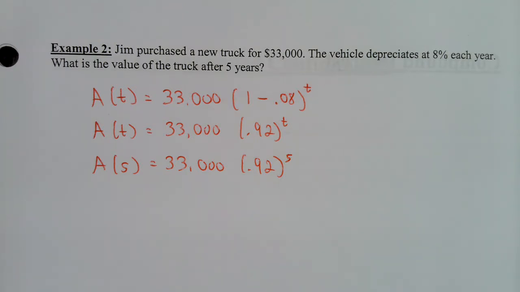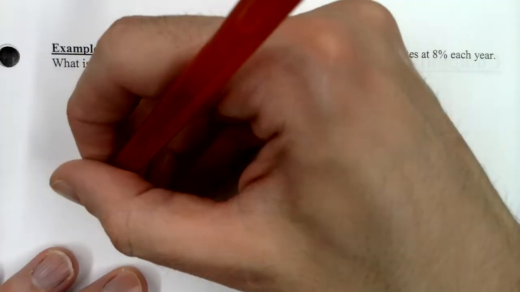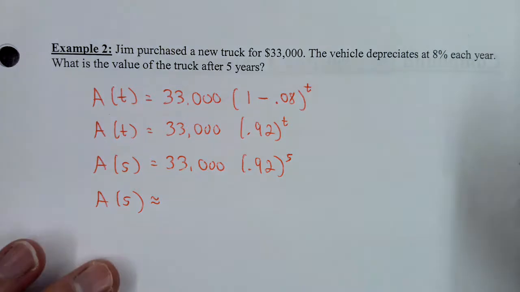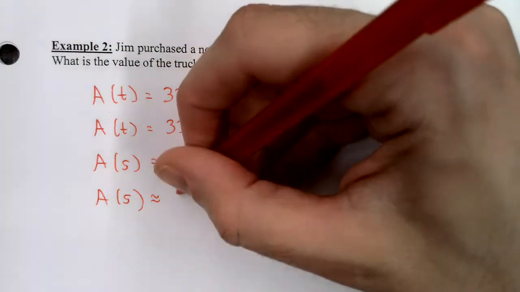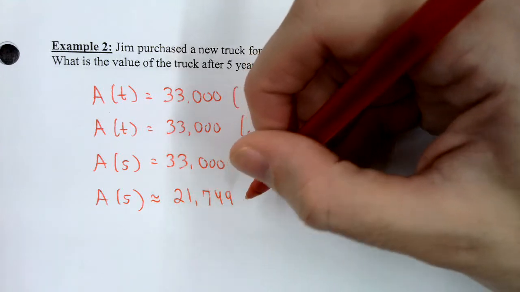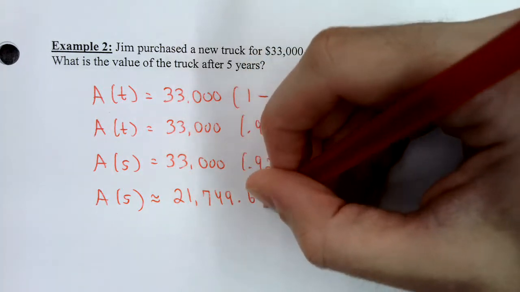So now 0.92 to the 5th power times 33,000. Since it's a money problem and it's asking about value, I'll round to the nearest cent. And I'll say A of 5 is approximately $21,749.69.